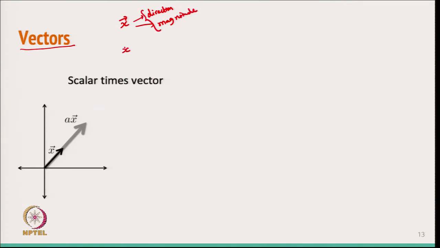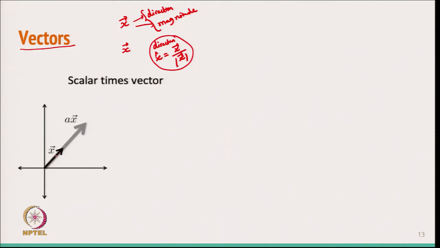And I know that if I have this vector, then the direction is represented by this sign divided by its magnitude. So, in that case it becomes the direction.